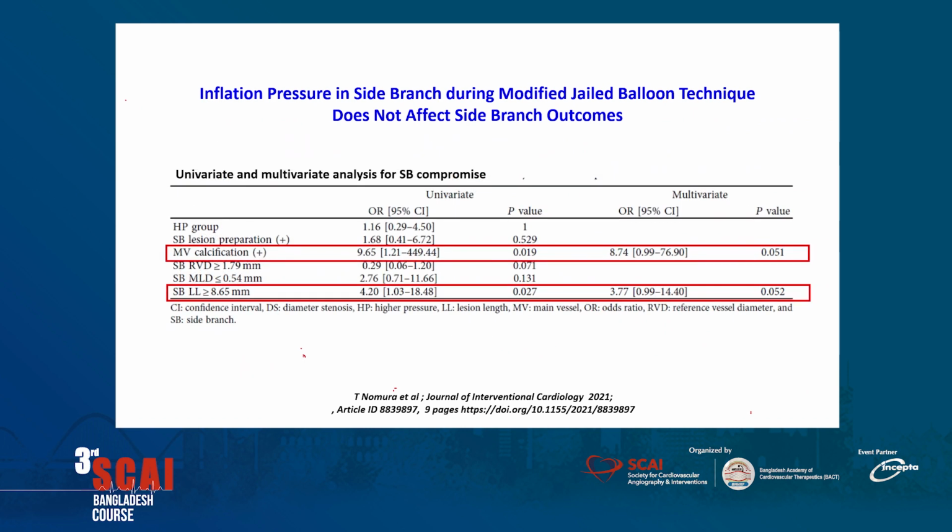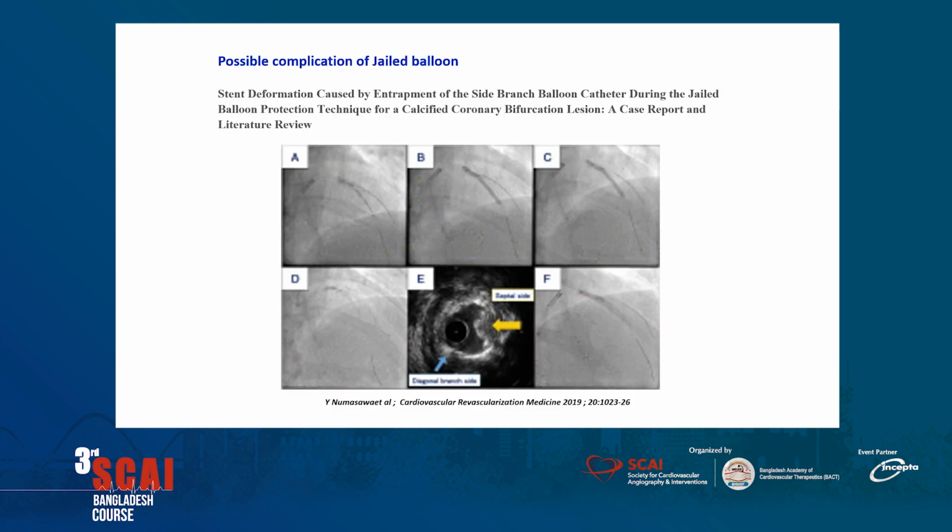What is important, or more risky, is the presence of calcification at the ostium of the side branch, or a lesion length in the side branch of more than 9 millimeters. A possible complication of the jailed balloon is deformation of the stent when retrieving the jailed balloon after inflation in the side branch, and this has been reported in some cases.